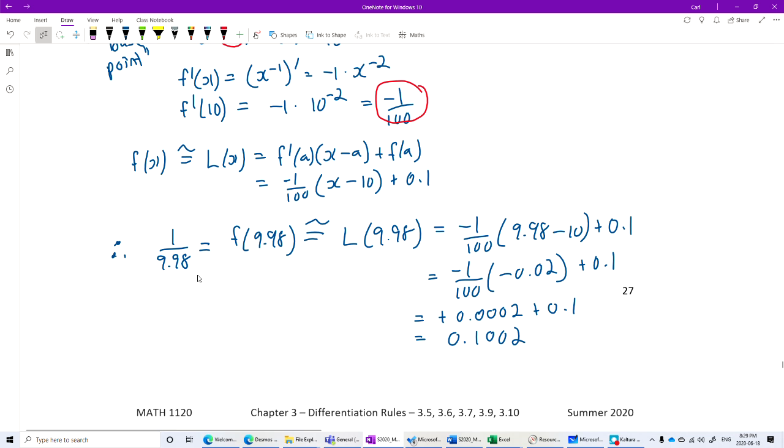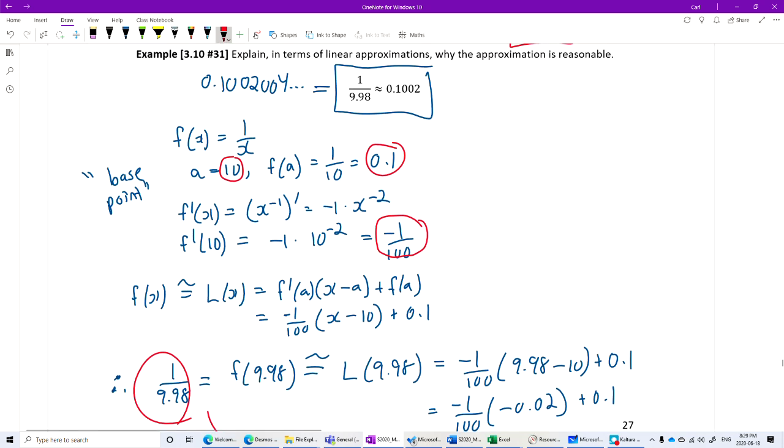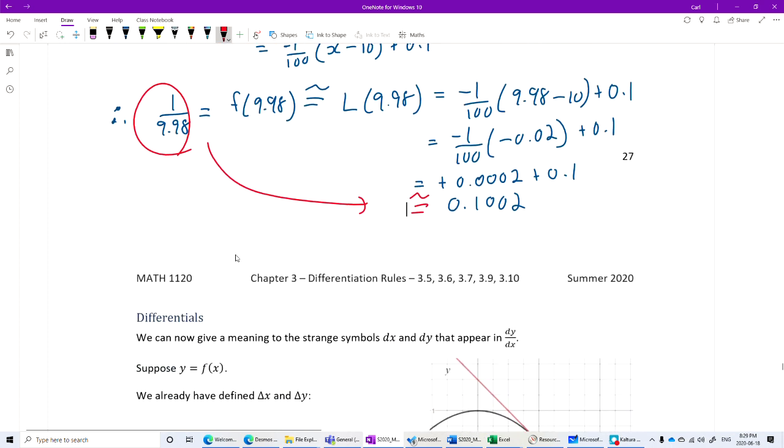Right, so what I found was that this is approximately equal to 0.1002. And that's what we were trying to prove. This is exactly what we intended to prove.